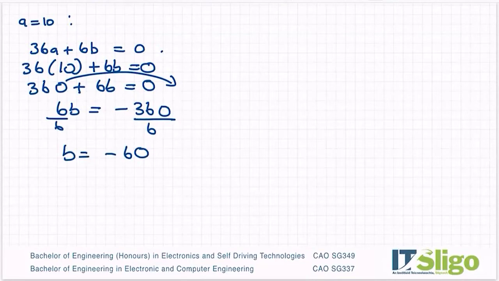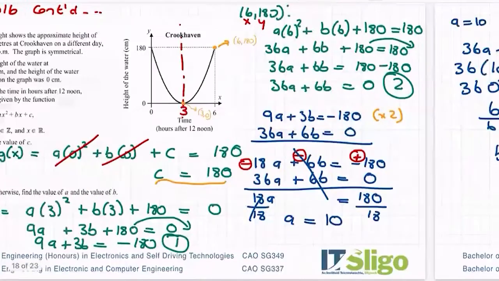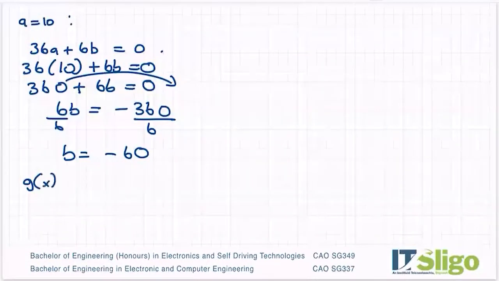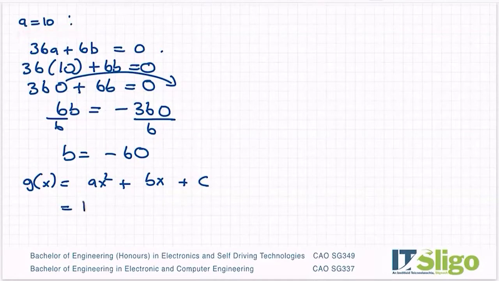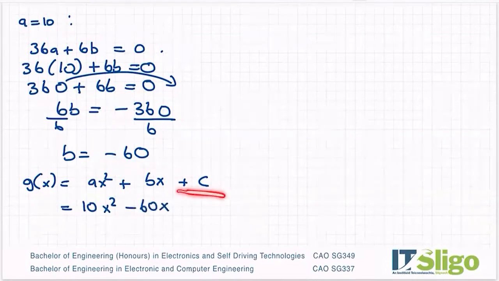Okay. So therefore, to describe my function then, remember my g of x was equal to ax squared plus bx plus c. My a is 10. So I have 10x squared. My b is minus 60. So minus 60x, and we had already found out that c was 180.